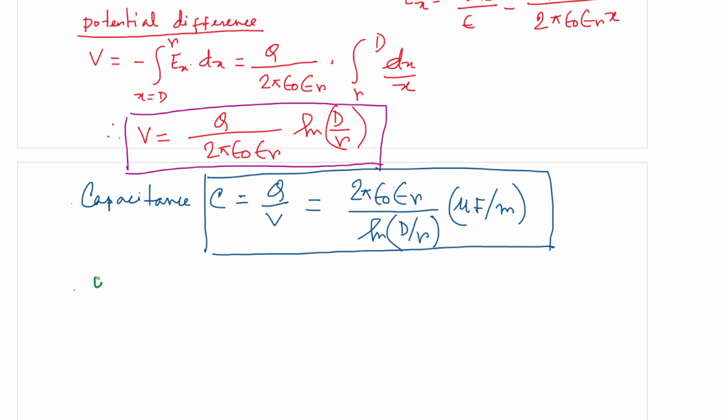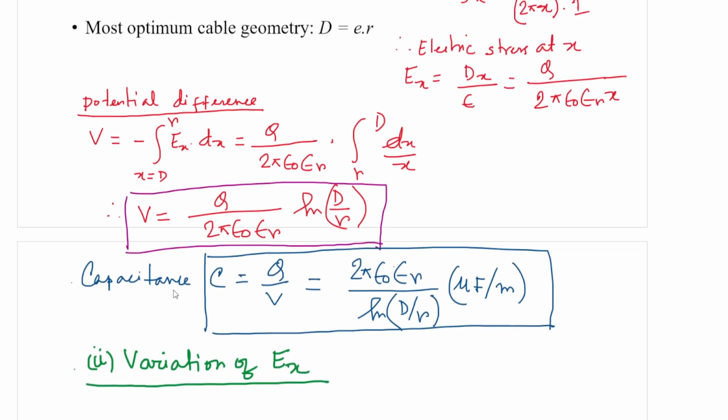Now we shall proceed to our next aspect, which is the electric stress, that is, the variation of E. Okay, so this is the next part. We start with this expression.